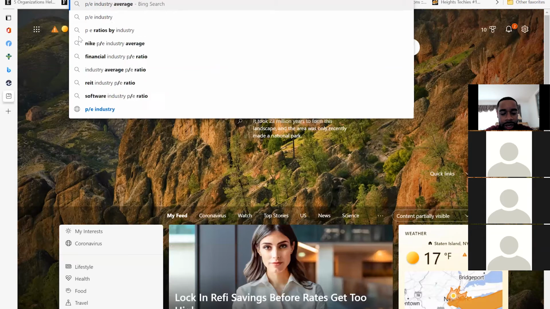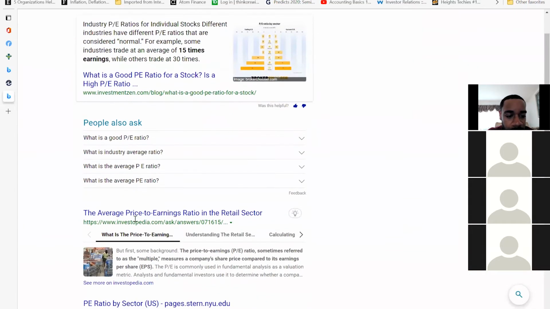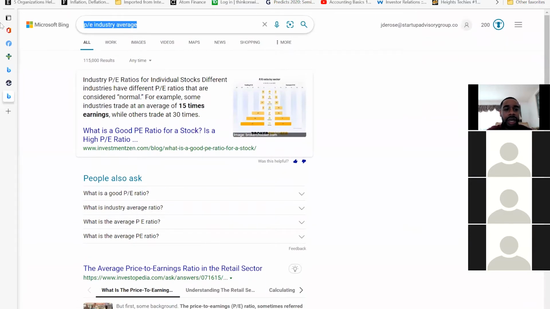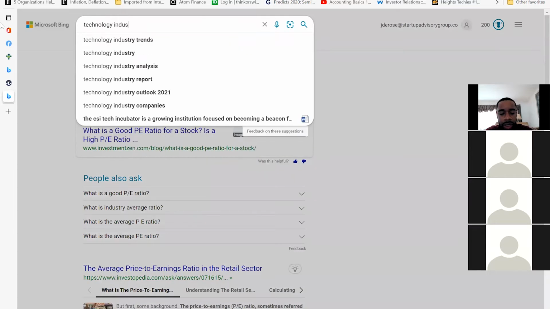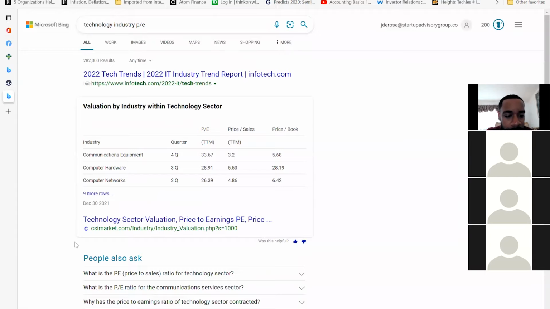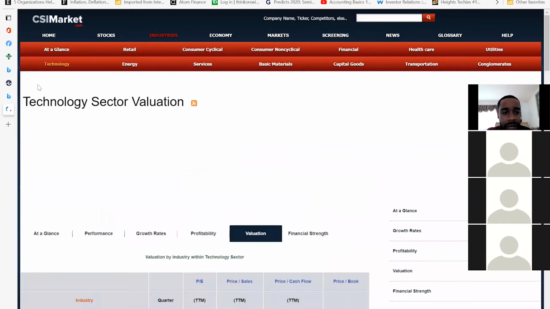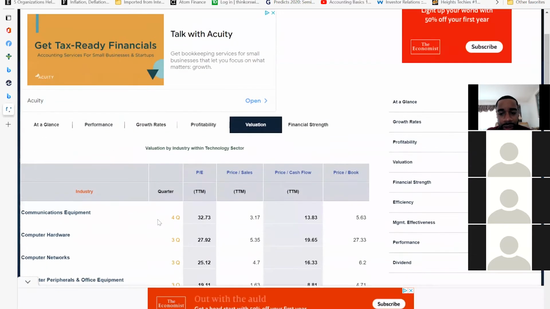Let's just say technology industry PE. Oh yes, the CSI market is a place to get the average for the different ratios.